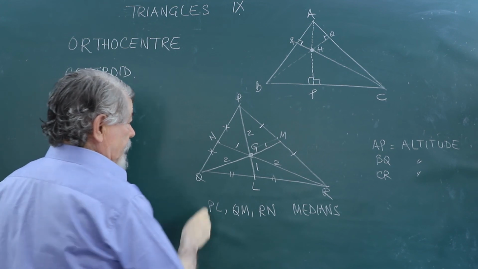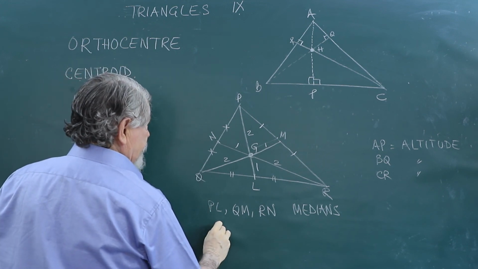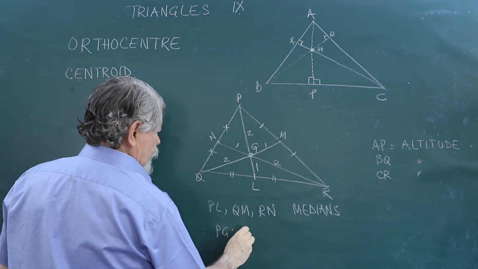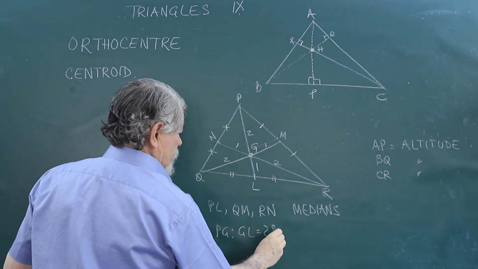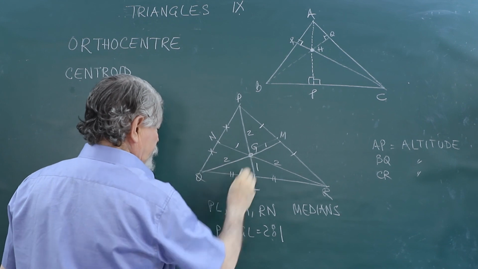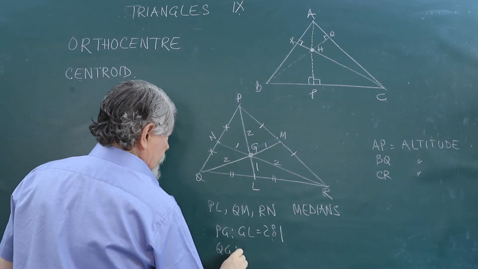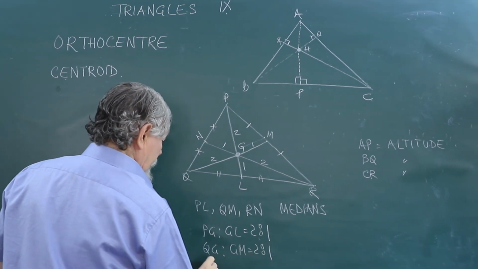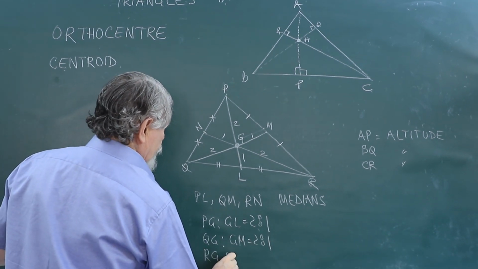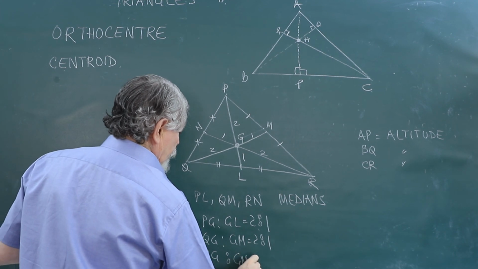That means PG to GL is 2:1. QG to GM is 2:1, and RG to GN is 2:1.